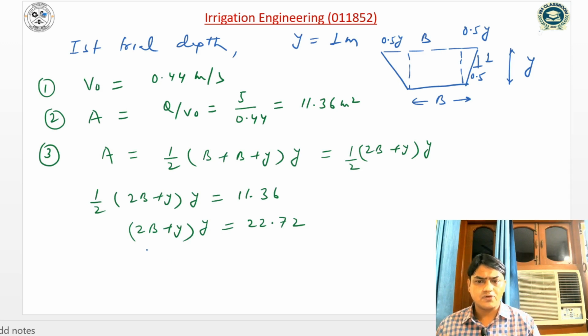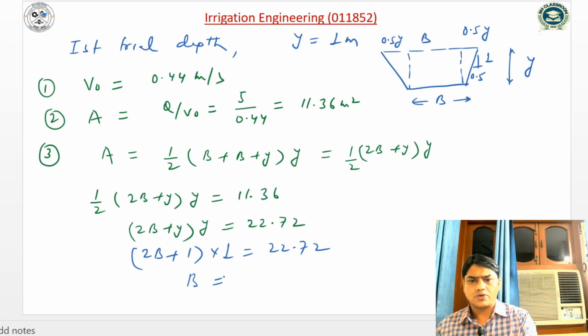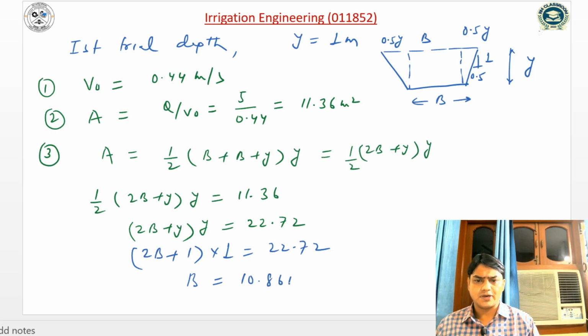So (2b plus y) into y is equal to 22.72. So 2b plus 1 into 1 is equal to 22.72, so b is equal to 21.72 divided by 2, so it is 10.86 meter.